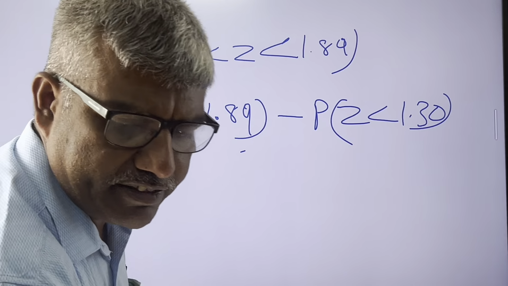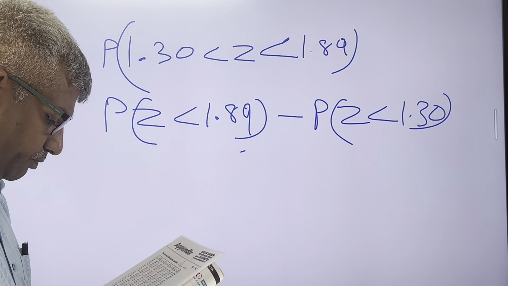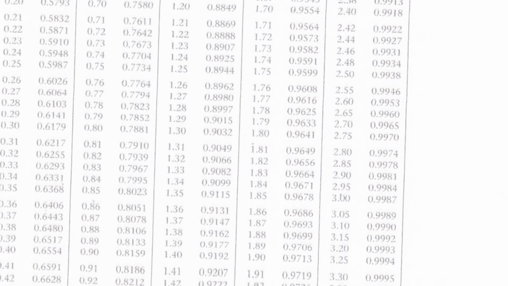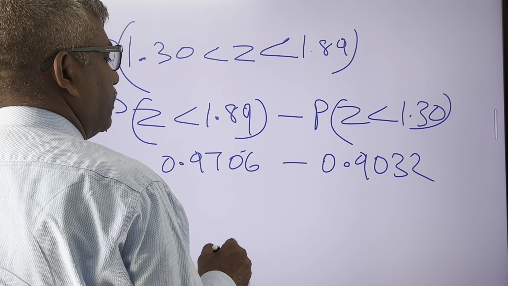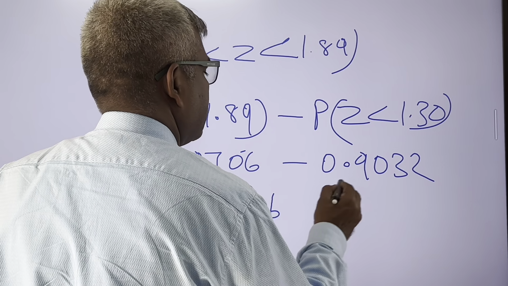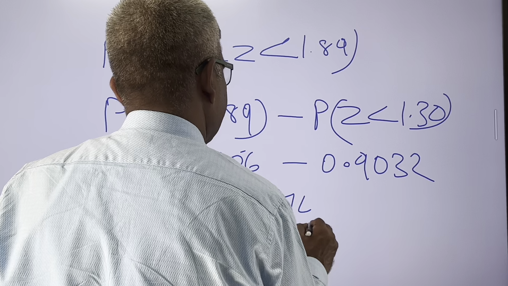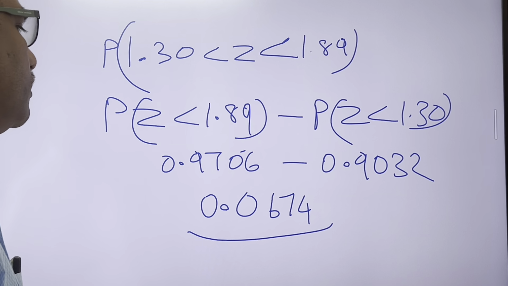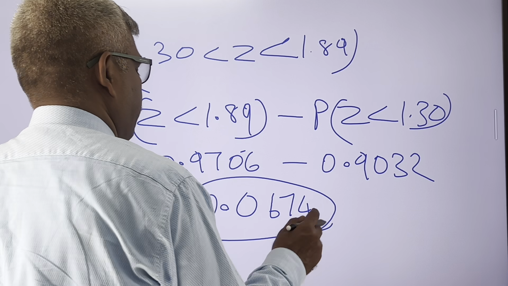Okay, 1.89, very simple, you can take it out. 0.9706 minus Z is less than 1.30, 0.9032. 0.0674. Okay, 0.0674. Copy it down.